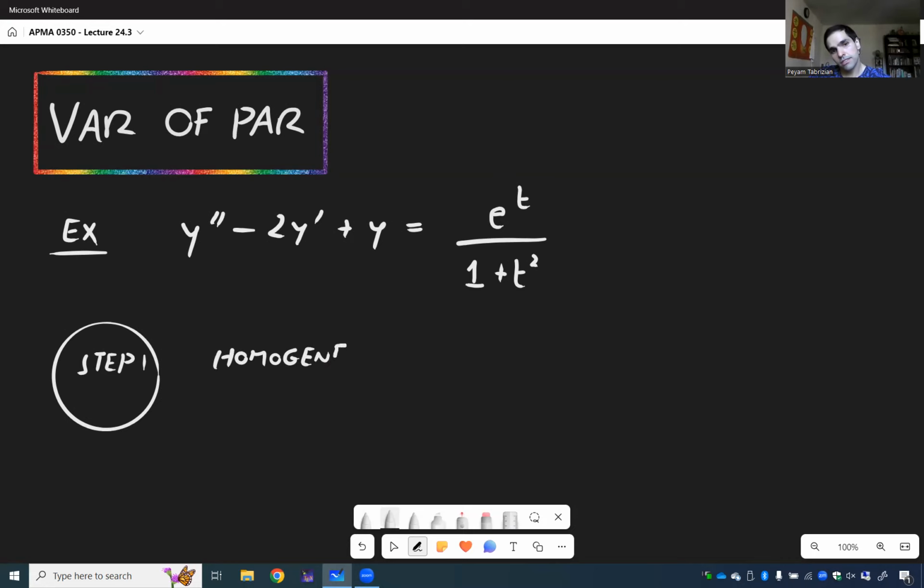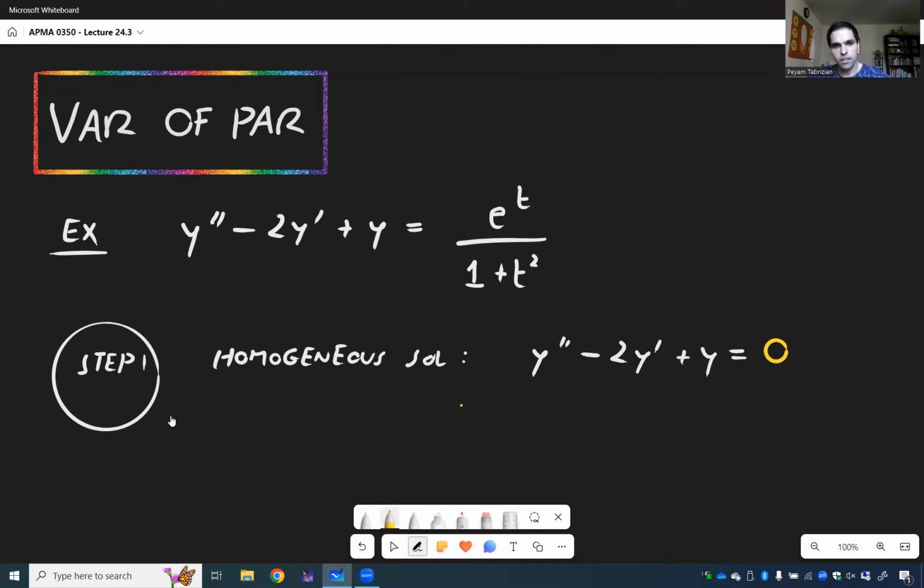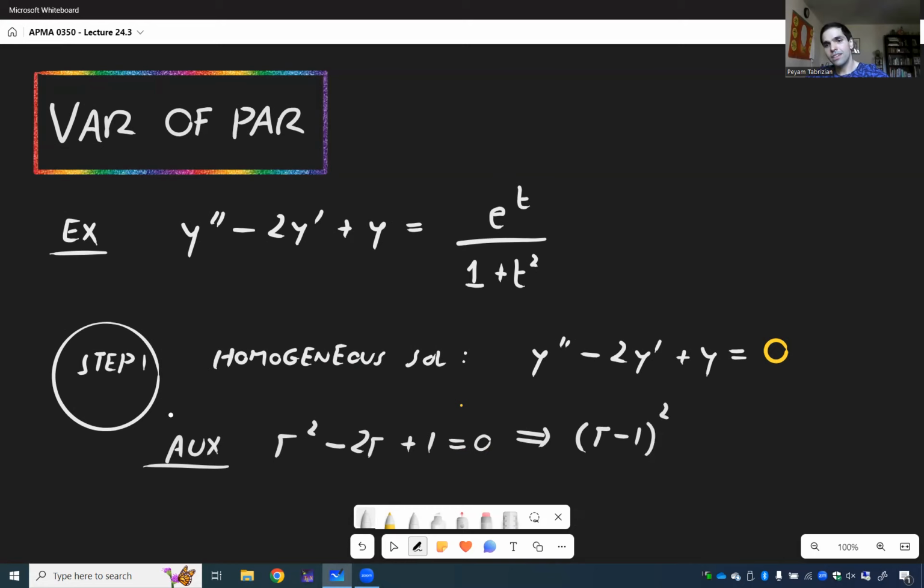So homogeneous solution, meaning solve y double prime minus 2y prime plus y equals 0. And this you can do using the auxiliary equation, which is r squared minus 2r plus 1 equals 0. That's a perfect square, so r minus 1 squared equals 0.